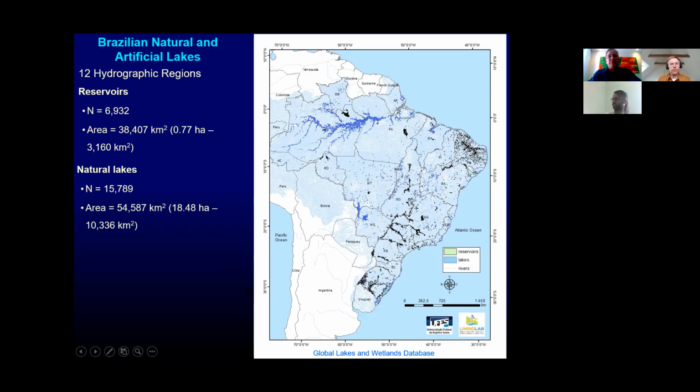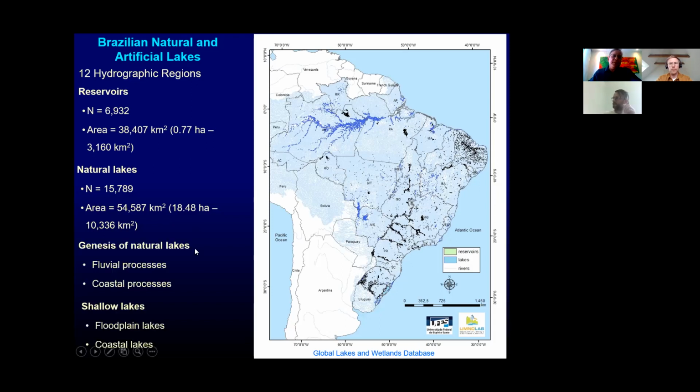In terms of natural lakes, Brazil has almost 16,000 lakes with an area of 54,000 square kilometers, from the smallest lake of 18 hectares to 10,336 square kilometers, which is a coastal lake, actually a lagoon in the southeasternmost part of Brazil, in Rio Grande do Sul, Patos Lagoon, with 10,000 square kilometers. It's a huge system.